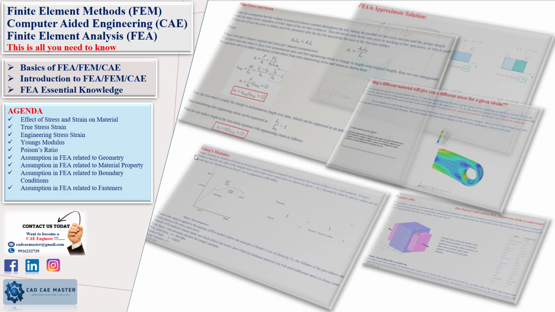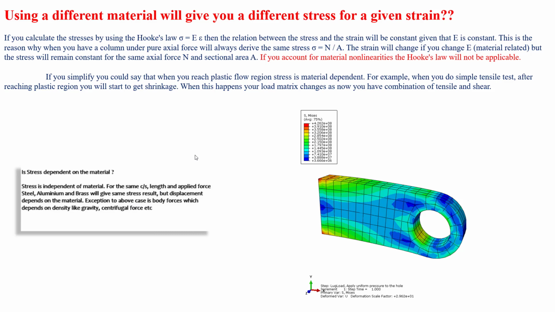For the static analysis, and even for some of the linear and non-linear dynamic analysis, it is not considered for everything, but here we are mainly focusing on the static analysis, and it might also be carried forward for the non-linear and dynamic analysis as well, but in a few cases only.